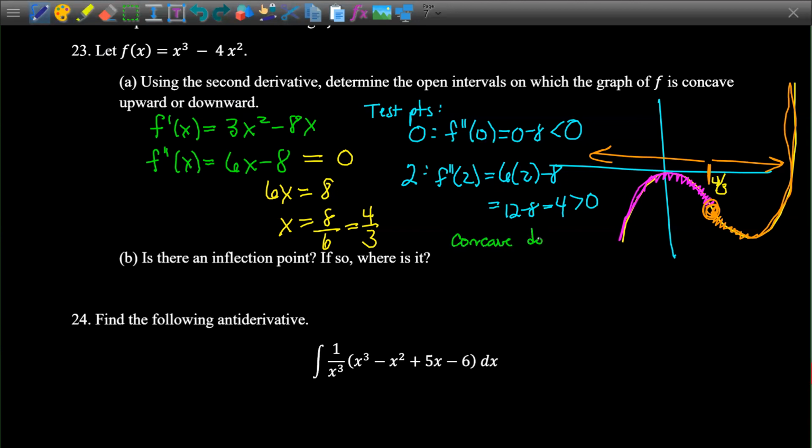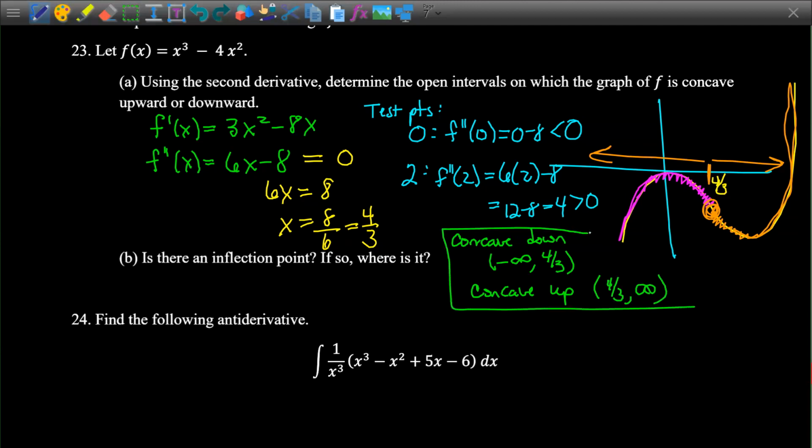So now we can answer our question. It's concave down from negative infinity up to 4/3. It's concave up from 4/3 to positive infinity. Part B, is there an inflection point? So we found it, yes.